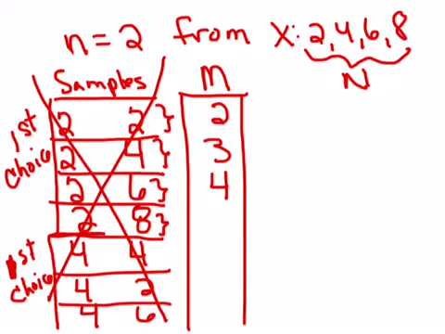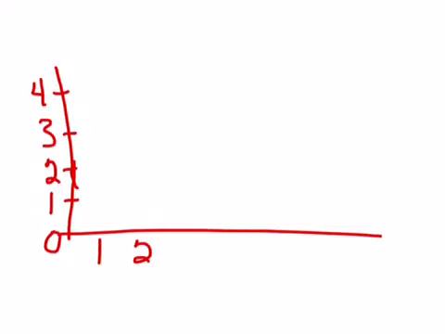So if you look at slide 12 on the PowerPoint, it gives you an idea of what this looks like. We have this graph where we have 4, 3, 2, 1, and 0, and then we have 1, 2, 3, 4, 5, 6, 7, 8.